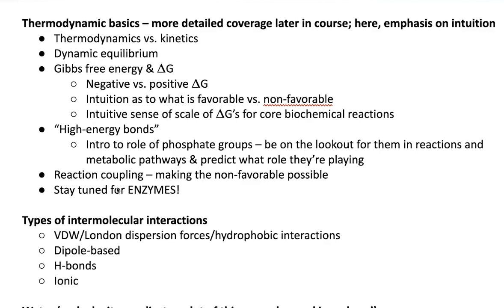Another thing that can make unlikely reactions happen is reaction coupling. These make the non-favorable possible. For example, reactions that break down ATP have a very negative delta G, which can then be coupled to something with a positive delta G to make it happen. In terms of the actual scale of those delta Gs, you'll want to get a sense of the general scale of the delta G you get from burning ATP and things like this.